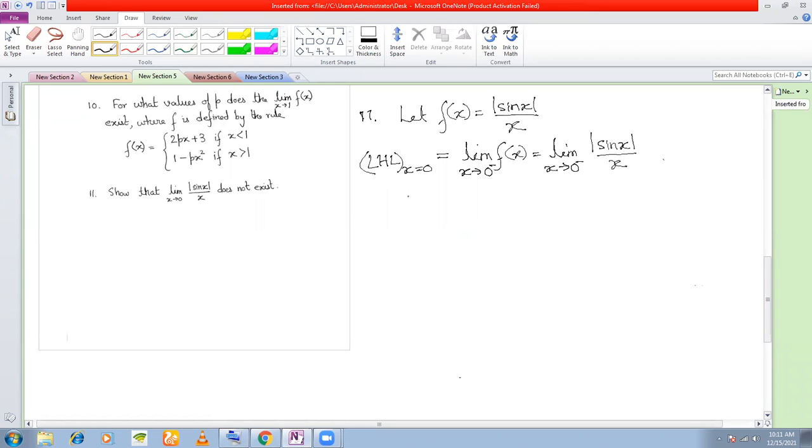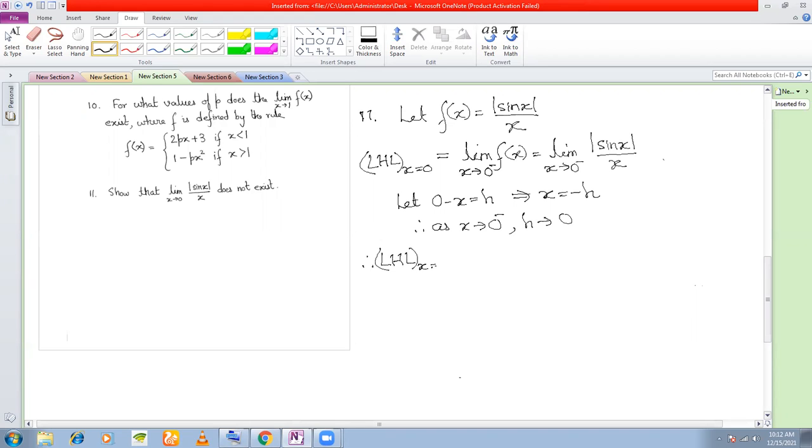Now how do you evaluate this limit? Let 0 minus x is equal to h. That means x is equal to minus h. Therefore, as x tends to 0 minus, h must tend to 0.